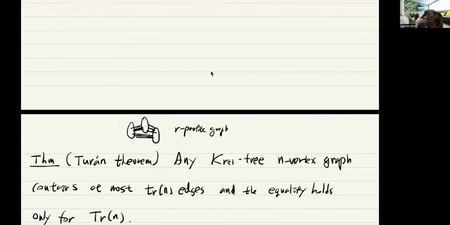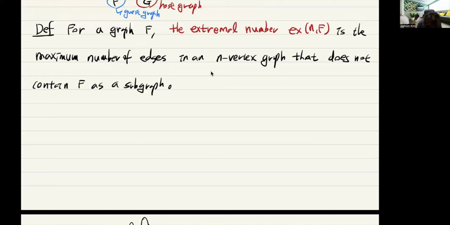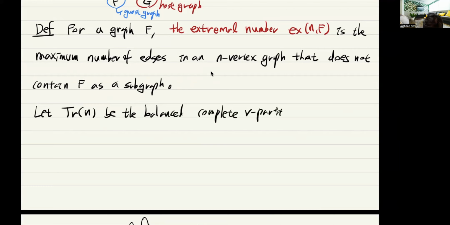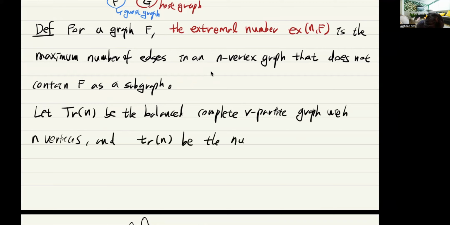Since that's a very natural graph, we give it a name: capital T sub r of n is the balanced complete r-partite graph with n vertices, and we write small t sub r of n for the number of edges in this graph.